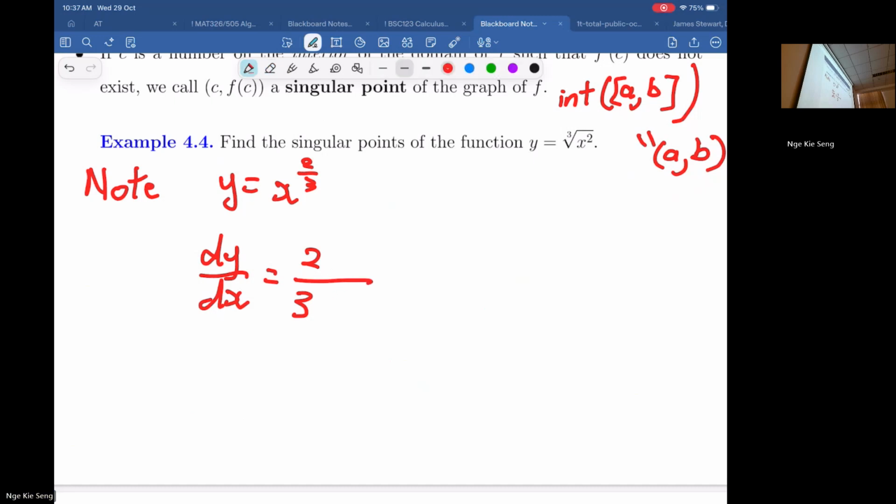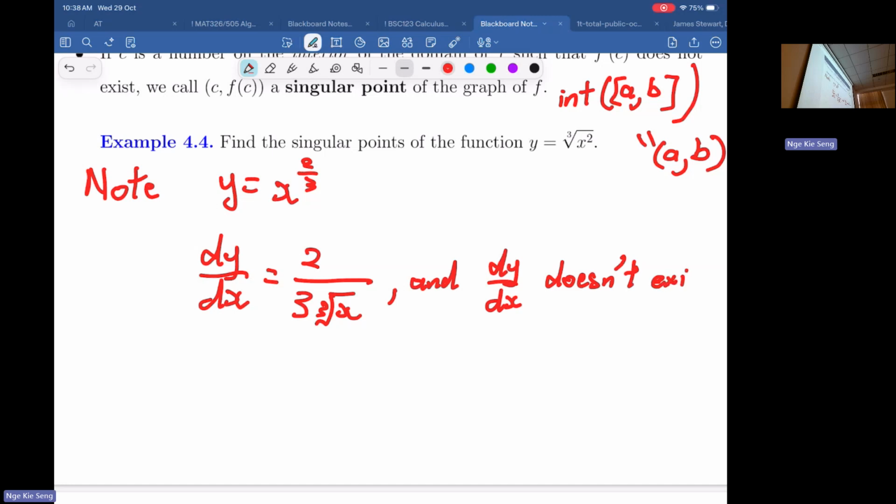What do you get? x^(-1/3), which is 1 over the cube root of x. If you look at this formula here, where is this function undefined? x = 0. So note that dy/dx doesn't exist at x = 0.